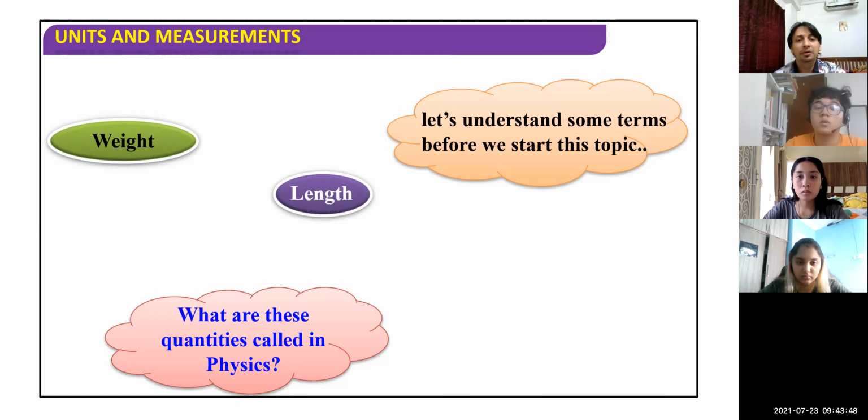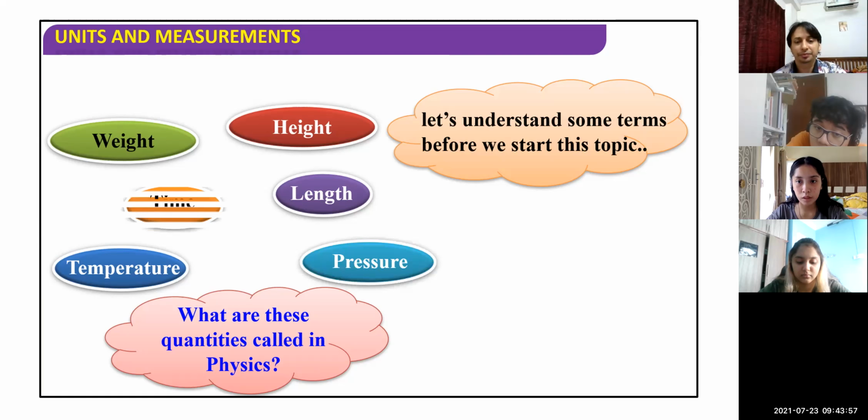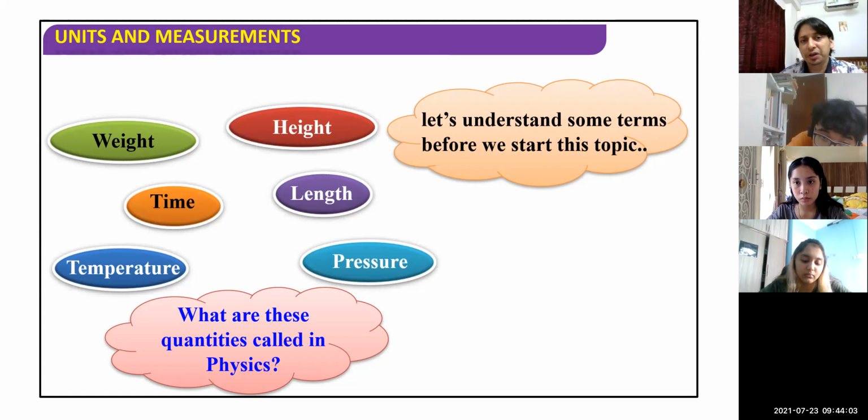What are these quantities? Is there anyone in grade 9 who can explain what these physical quantities are? Quantities commonly used in experiments. Okay. Used in daily life. Used in our daily life.